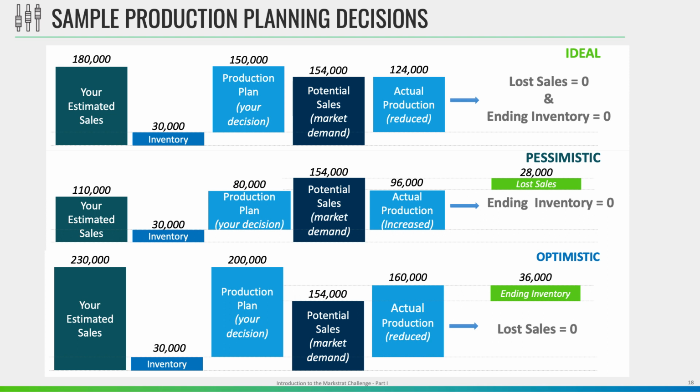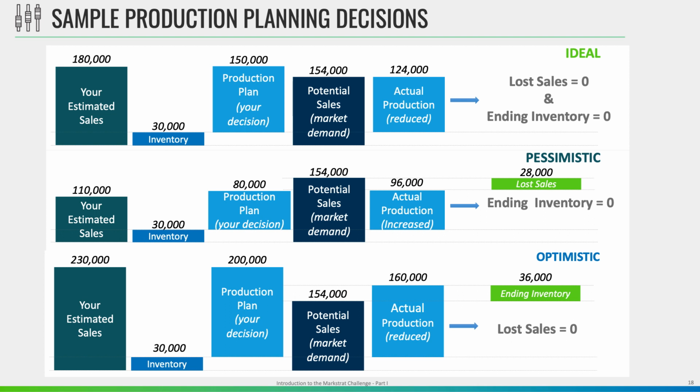Let's say your actual sales turn out to be 154,000. So in that case, what manufacturing will do is decrease your request of 150,000 down to 124. Theoretically, they could have gone all the way down to 120, as that is minus 20%, the low end of the flexibility window. So they went down to 124 so that you could sell all 30,000 out of inventory and then actually meet the demand of 154,000.